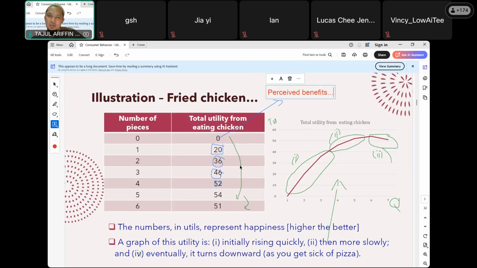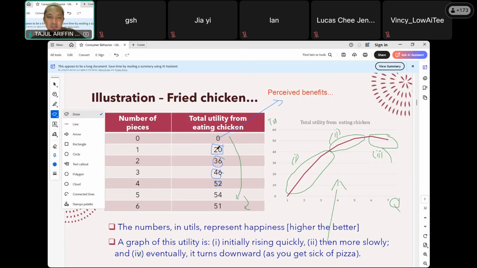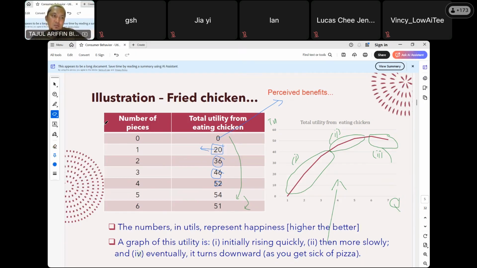Meaning you may believe the first chicken taken will give you 20 satisfaction, but actually it may not be 20. It may actually give you 40.